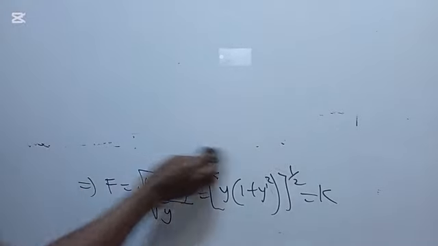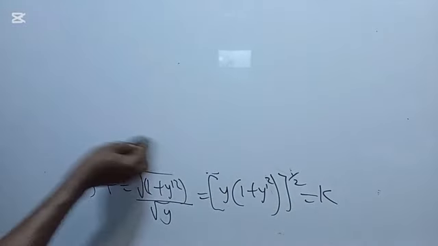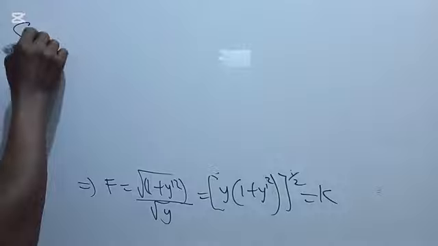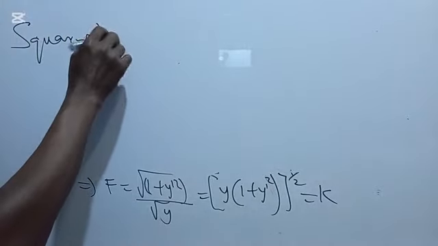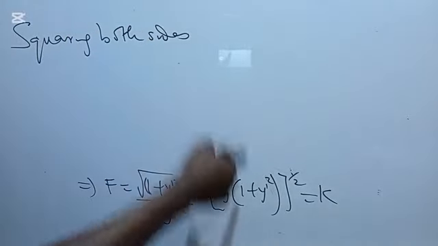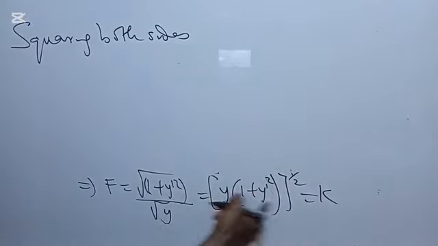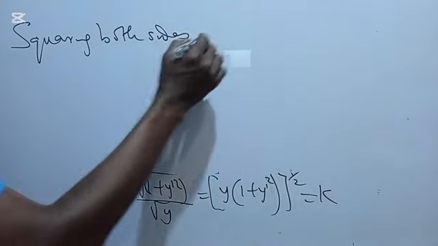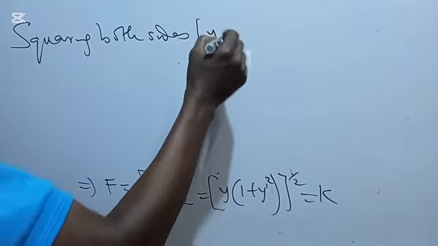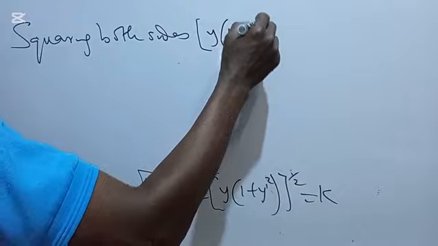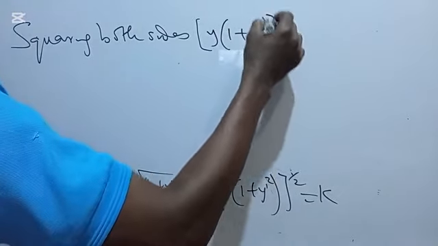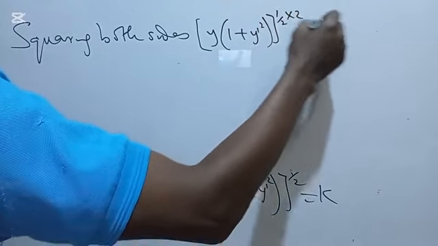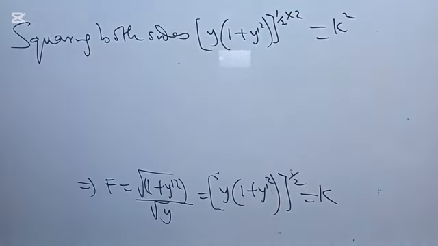Now, the next thing is let's square both sides and see how it's going to look. Squaring both sides, we're going to have y into (1 + y prime squared), everything raised to the half, then squared, is equal to k squared.